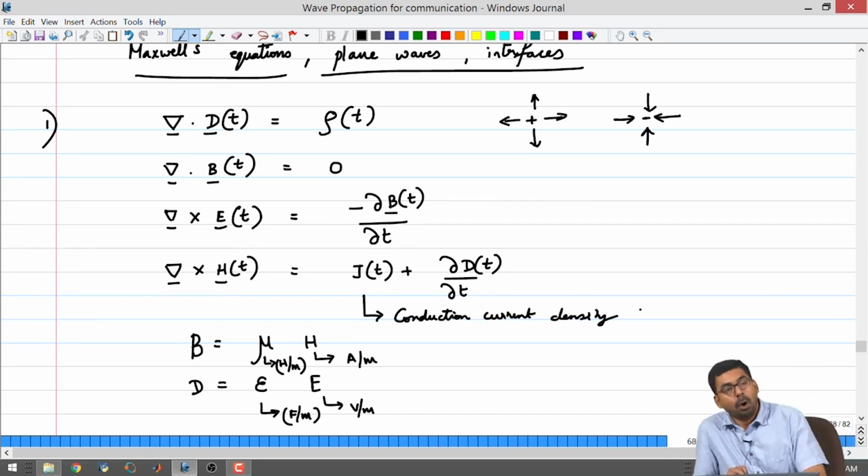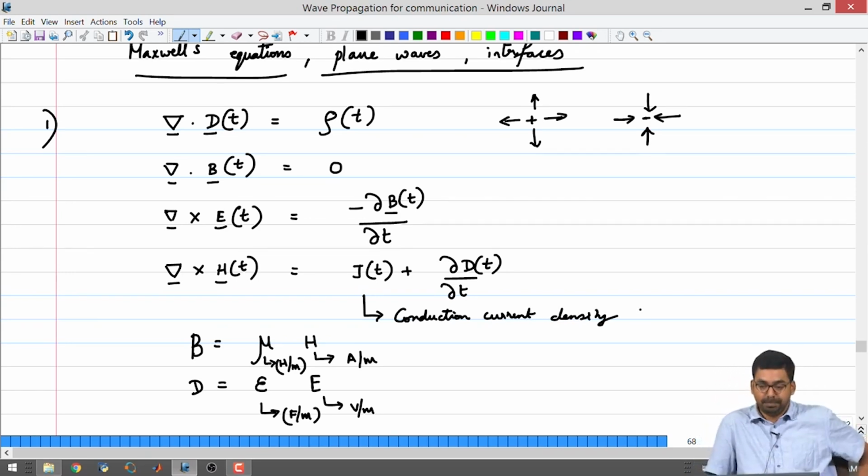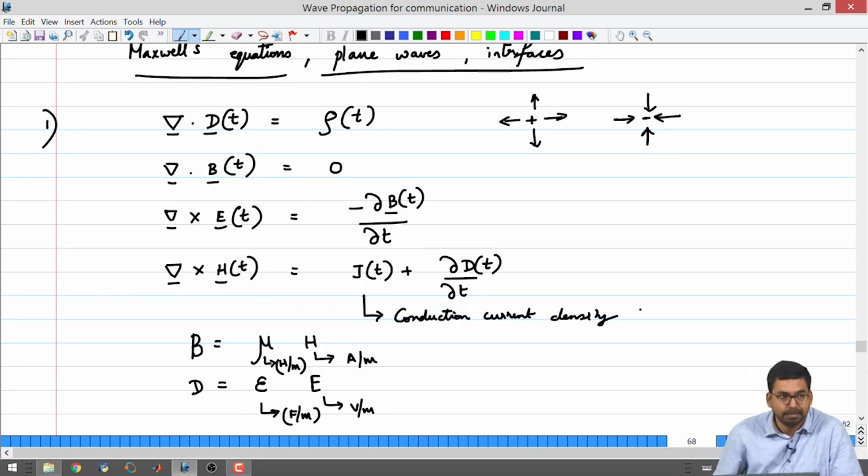If your rho of T is non-zero, you can have J of T. Rho means you have some charge density. If there are no charges, there is nothing for it to conduct. So, you will be having 0 conduction current density. So, J depends directly on rho. And dou D dou T is your displacement current density.